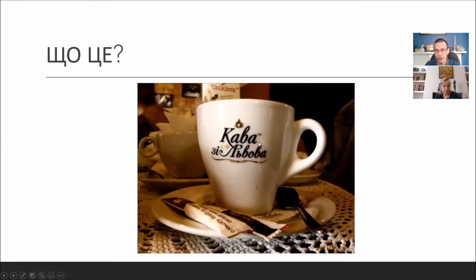Kava means coffee. Specifically, here it's "кава зі Львова", kava zi Lvova, coffee from Lviv. It's a city in the west of Ukraine. But you all guessed, kava means coffee.